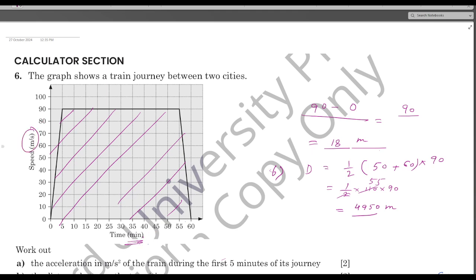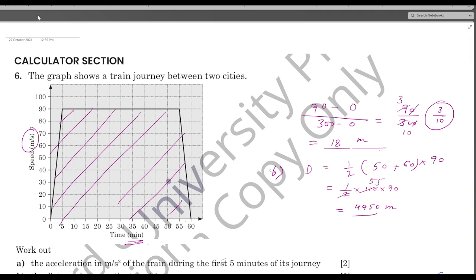If I convert this time to seconds, 5 minutes means 300 seconds. So 300 minus 0 is 300. So 90 divided by 300, this 0 cancels, and 3 times 3 is 9, so it is 3 divided by 10. 0.3 meters per second squared is your acceleration.